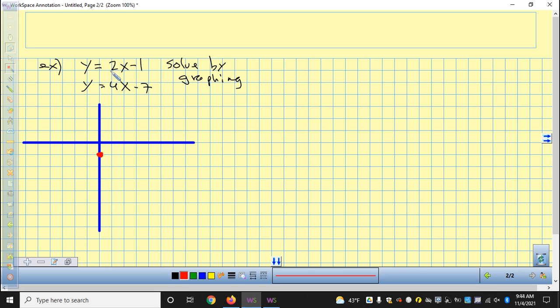We can think of that as 2 over 1. So to get another point, I'm going to go up 2 and over 1. And if I want another one, I'm going to go up 2 and over 1. And I'm going to draw my line through those. And there's my nice line through those points.